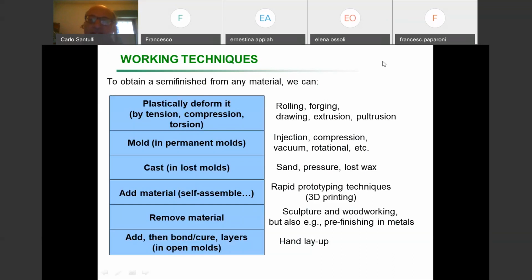When I am referring to composites, in most cases I refer to polymer matrix composites. Then, of course, there are ceramic matrix composites, like, for example, concrete. And there are also metal matrix composites, which cover a niche, which is quite interesting as well.